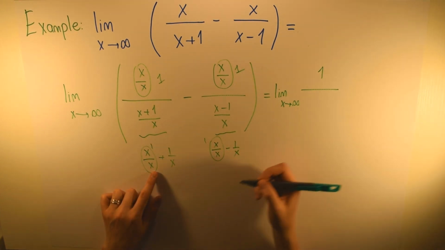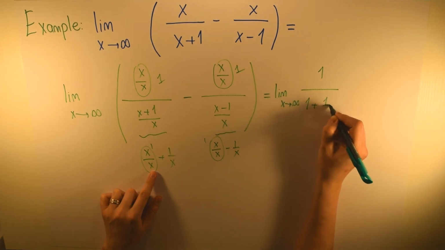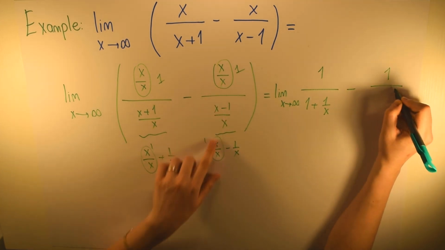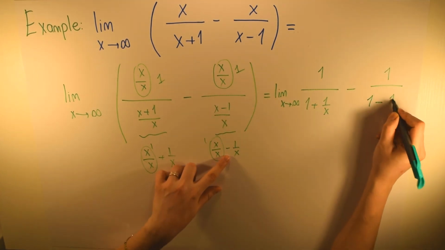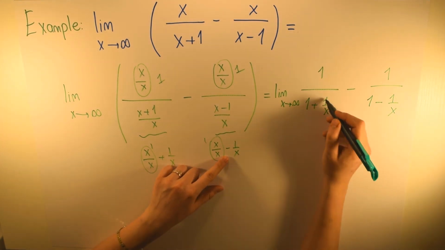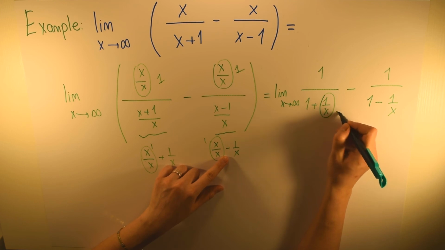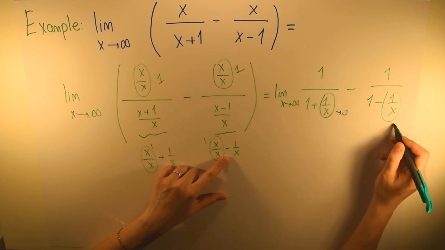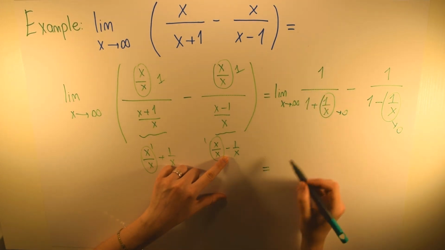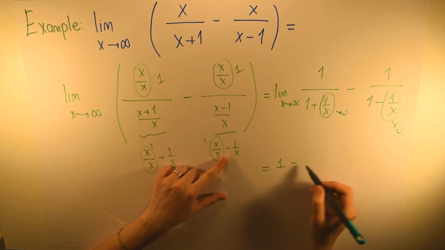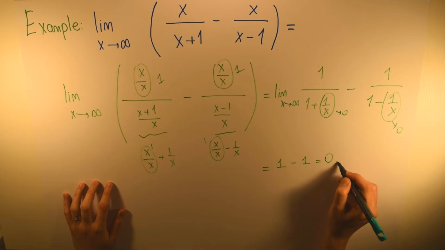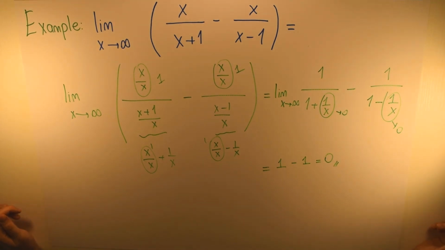So here we have 1 over 1 plus 1 over x, minus 1 over 1 minus 1 over x. So now I can put infinity instead of x. Here 1 over infinity is equal to 0. Here also 1 over infinity is equal to 0. So our answer would be 1 over 1, which is equal to 1, minus 1 over 1, which is also equal to 1. So 1 minus 1 is equal to 0, and this is the answer for our example.